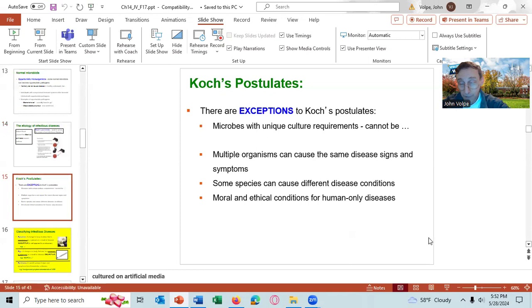They could never figure out what they needed to add to the culture to get syphilis to grow. So for 100 years, they knew which microbe caused syphilis, but they could not use Koch's postulates to prove it. Until recently, I read within the last, I think, 5 years, they figured out what to add to tissue culture to get syphilis to grow.